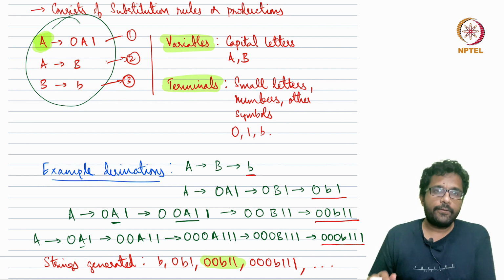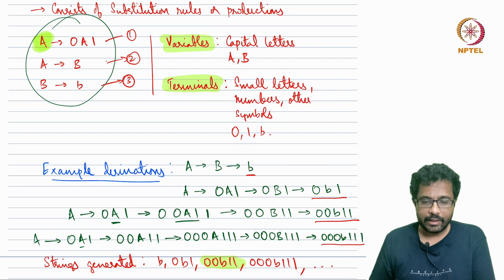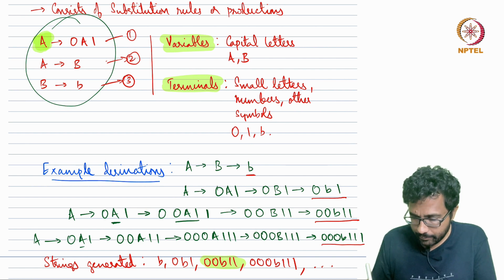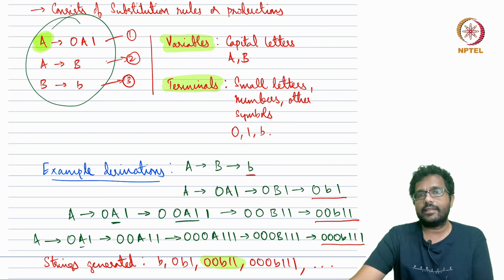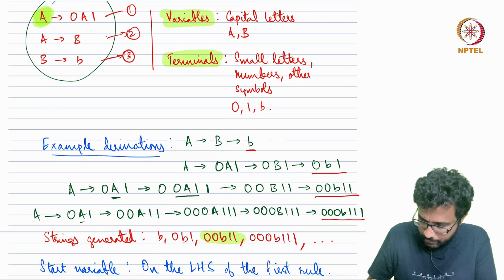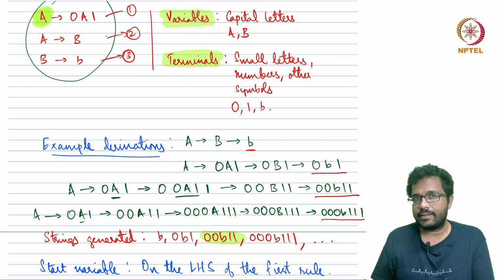You look at the first rule, and the variable on the left-hand side of that rule is the starting variable. You start with the starting variable and get to some string that is entirely composed of terminals, and that is a string generated by the language. In this case we saw multiple strings, and you can get even more. In fact, infinitely many strings can be generated.